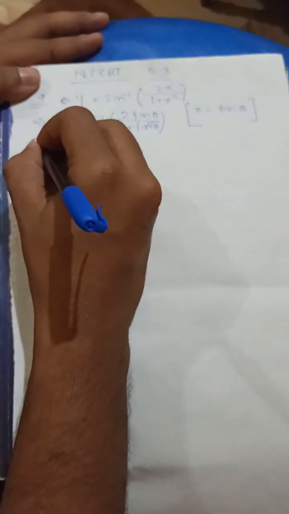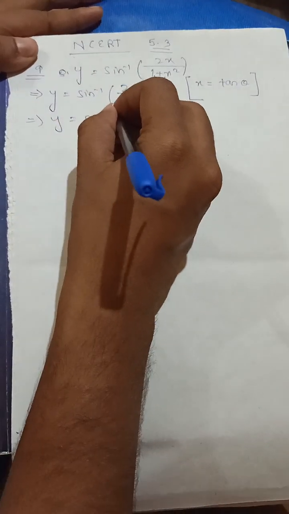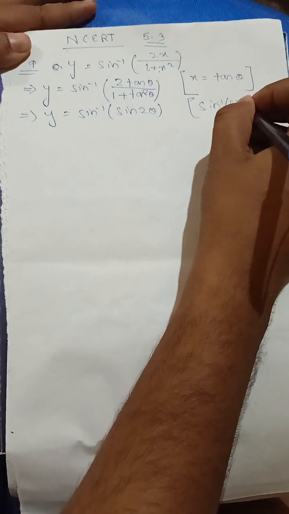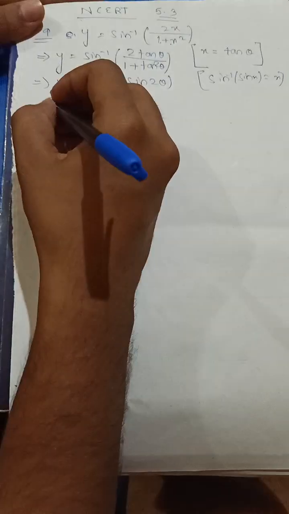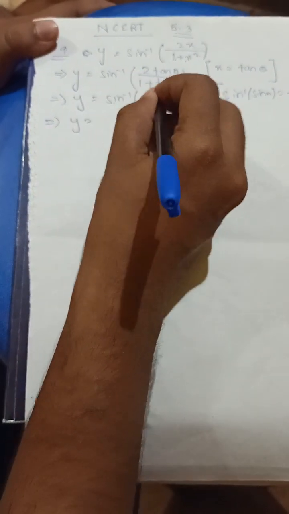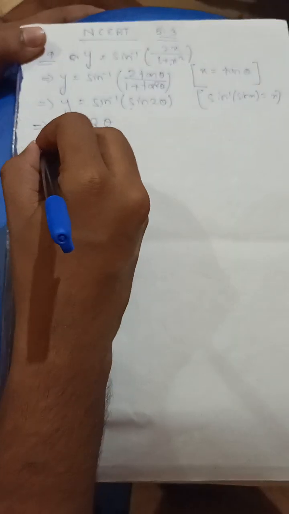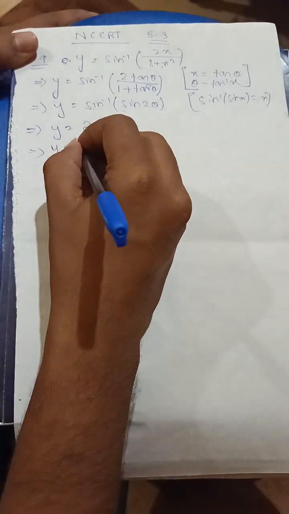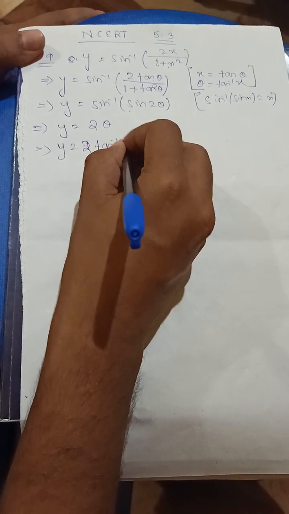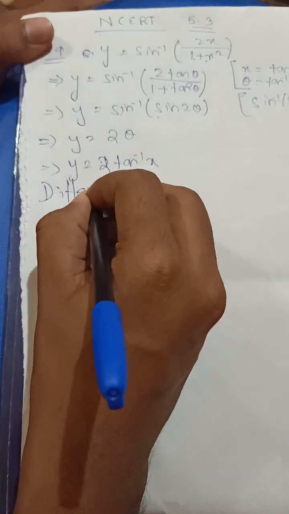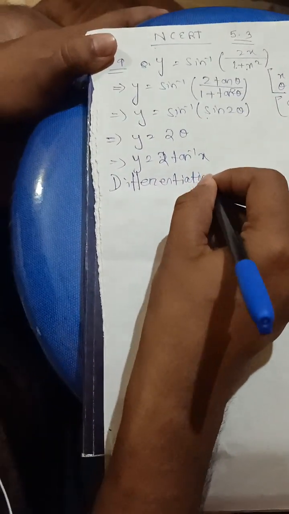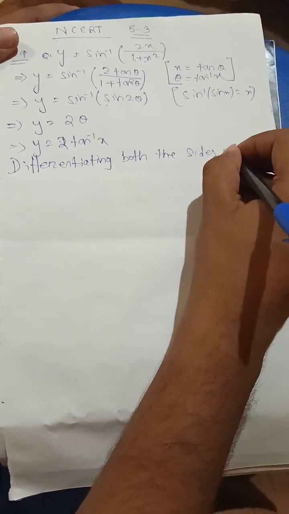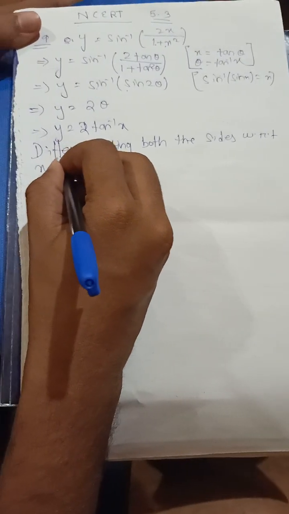Okay. Y is equal to sine inverse of sine 2 theta. We know sine inverse of sine x is equal to x. So y is equal to 2 theta. Here theta is equal to tan inverse x. Y is equal to 2 tan inverse x. You have to write differentiating both the sides with respect to x.